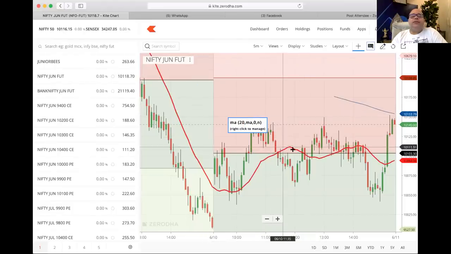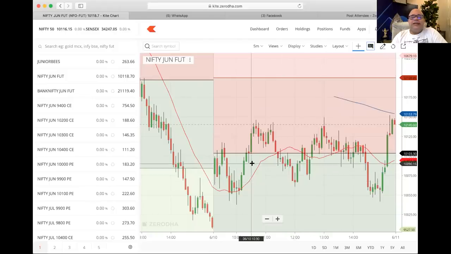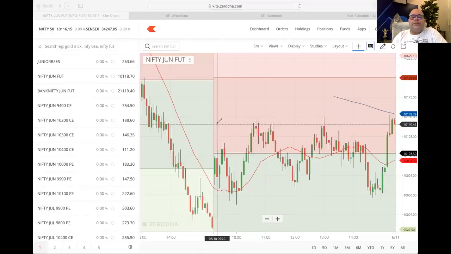Okay, so this is the congestion zone for the day on the downside. Okay, this was where the market traded most of yesterday.